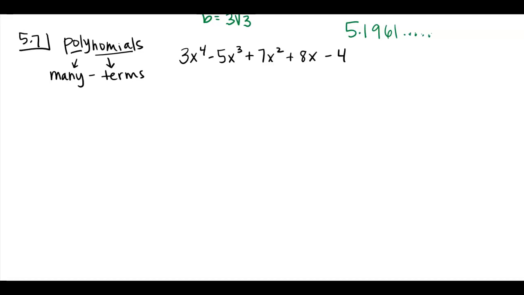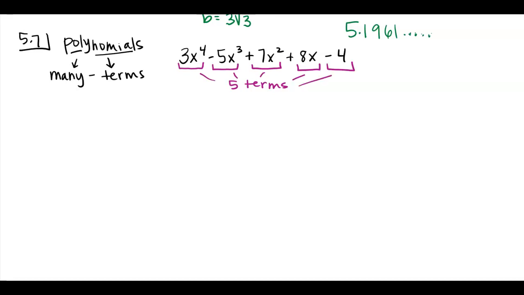So I'm going to use these different colors to help illustrate this. Terms are connected by add and subtract signs. So that means that this polynomial has 5 terms. All these different parts right here, 5 different terms.